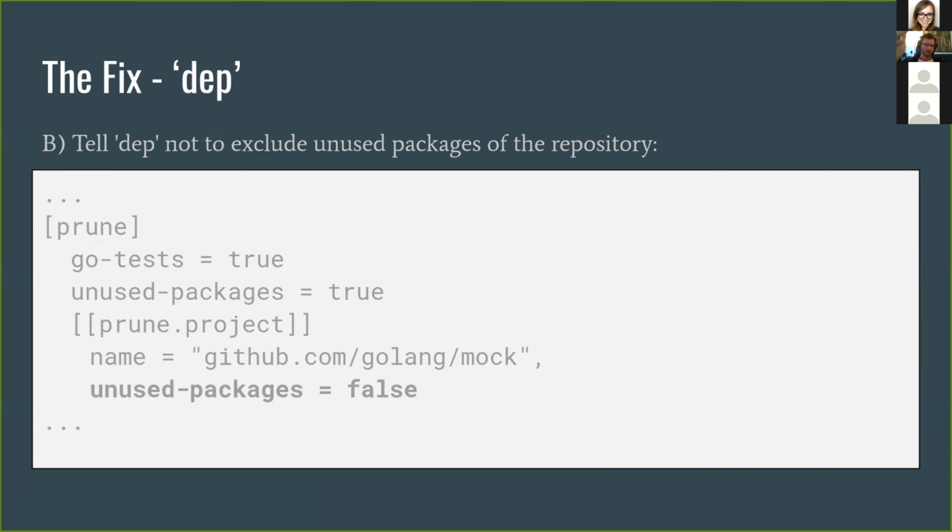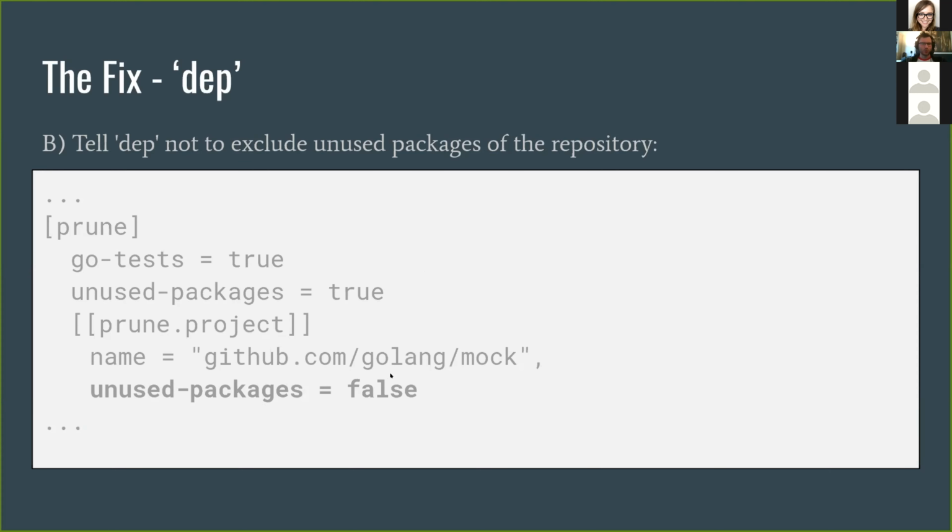All right, this is a way of telling dep not to exclude certain packages. So dep handles these packages sort of on a per repository basis, and the gomock package and the mockgen package are both part of the same repository.